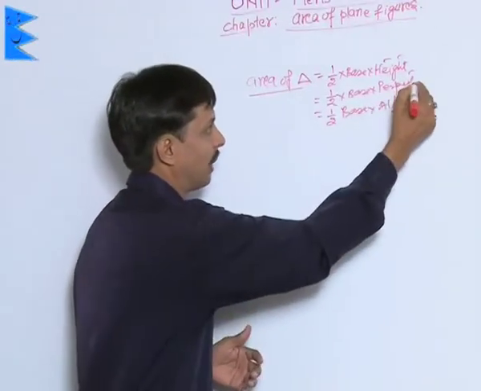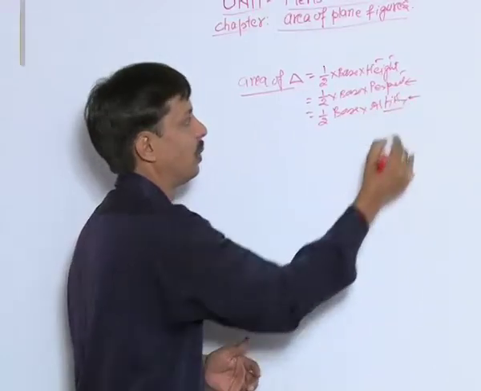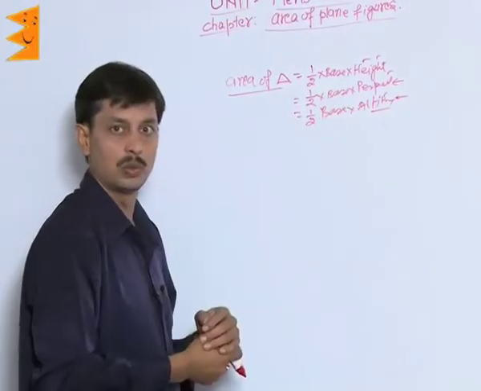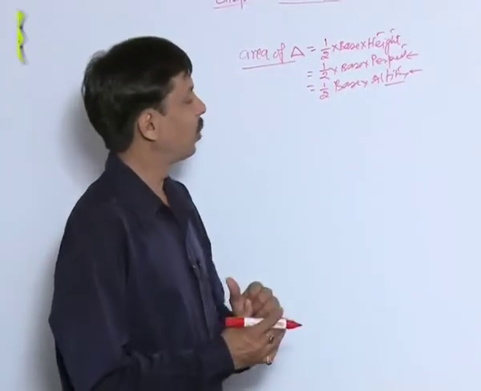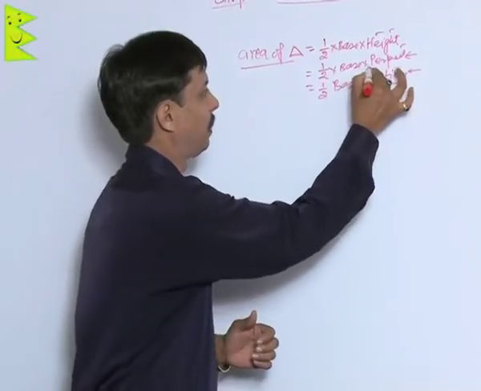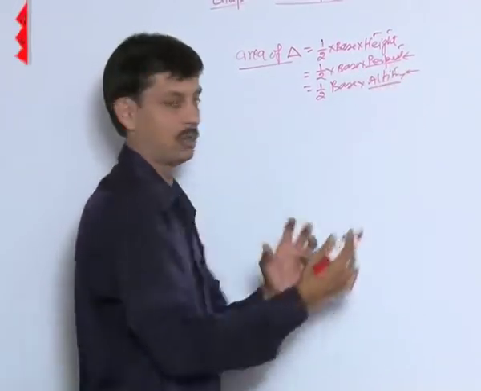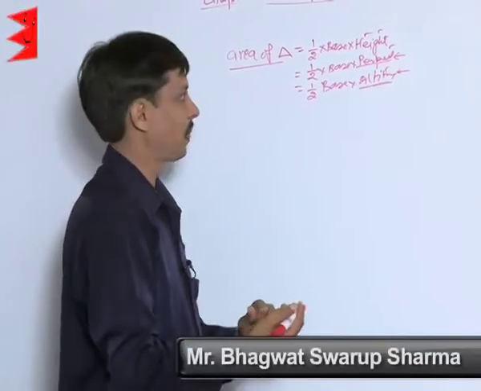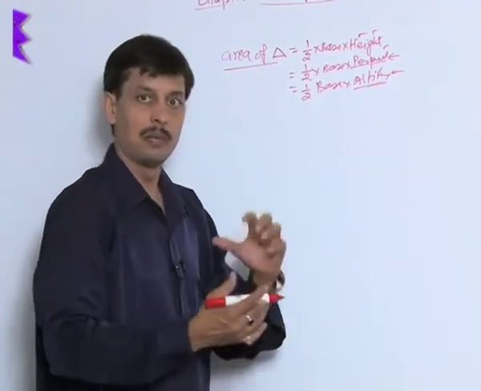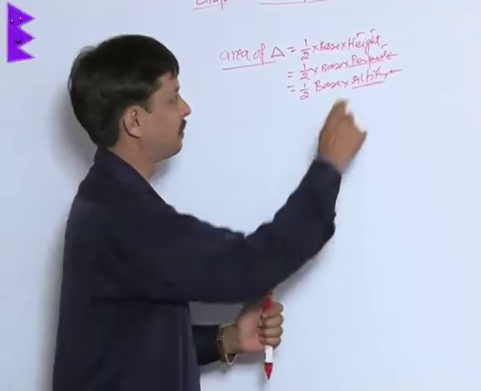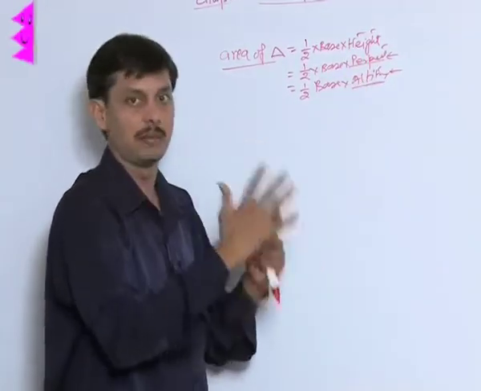But I would like to mention there is a major difference between perpendicular and altitude. Now I want to tell you what the difference is. A very important question, a very important difference. Most of the time people say perpendicular and altitude are the same.